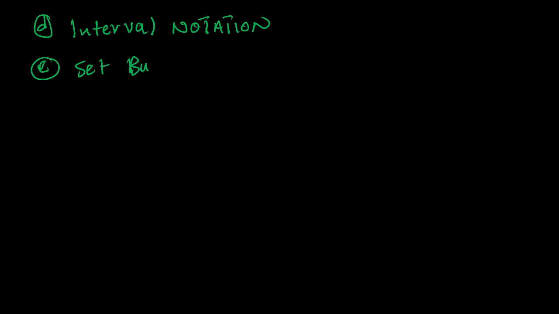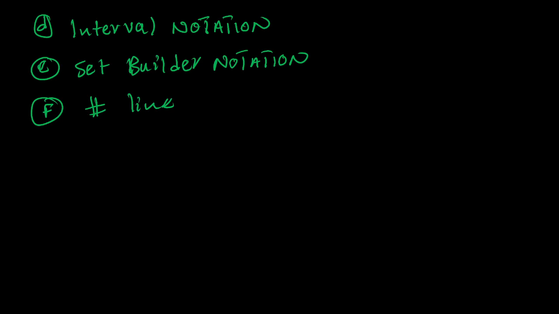I remember in grade 11, 10, 12, I used to run away from this until I came to university and was told I have to know it. The fourth one, which is F, is the number line. So these are category 2 and they move together.